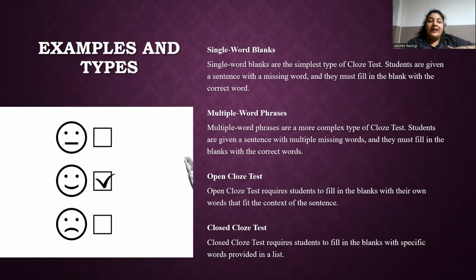In fluency, can the test takers express themselves in a clear and coherent manner? So by using multiple word phrases, teachers and assessors can evaluate a test taker's ability to understand and use phrases and groups of words in context, which is essential for effective communication and language proficiency. So here I have some examples.